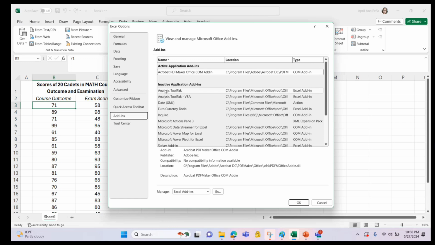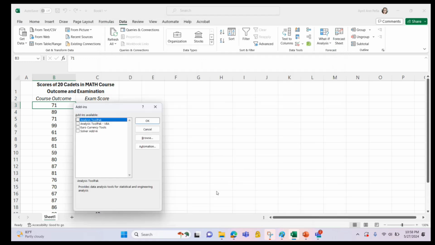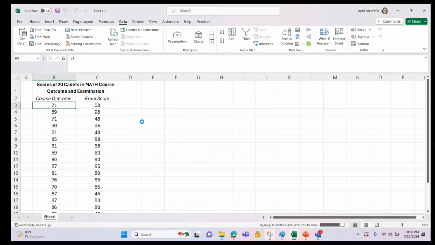So you just click Analysis ToolPak, then you click Go. Then you check the Analysis ToolPak. Okay? Then you click OK. So it appeared here, the data analysis. I hope you follow the steps.